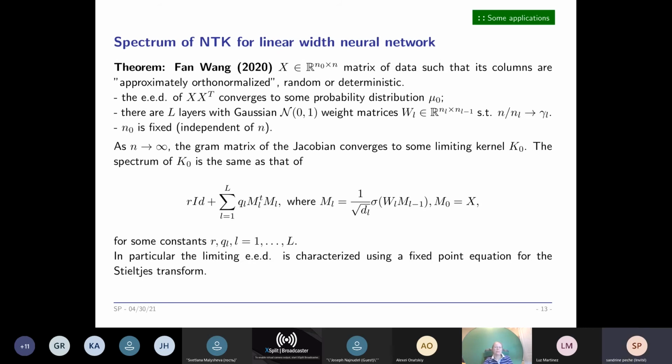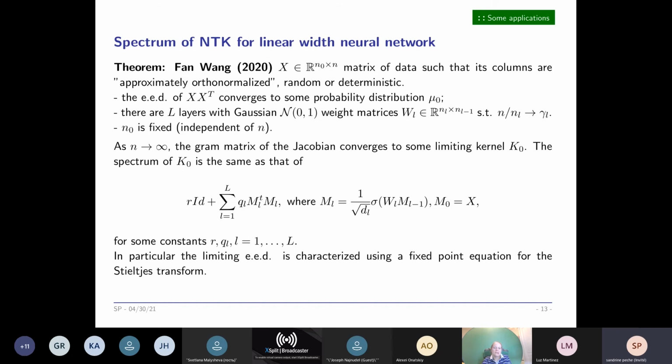So regarding possible applications of this result, I first mention the same paper by Fan and Wang, who actually extend the result of Jacot-Gabriel-Hongler to the case where the network width is comparable with the size of the sample, which means that n, the size of the sample, grows in a comparable way with p, which encodes one of the dimensions of the weight matrix.